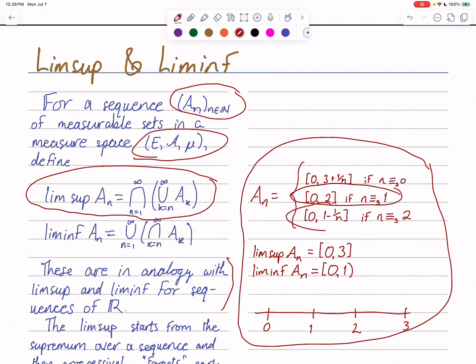Then we get a smaller interval, so we might as well not worry about it because we're taking the union, which gives us the largest set. So far our set is the interval from 0 to 2. Then we come around to here when k is equal to 6, and we get 3 1/6. And that is now the biggest set that we found so far. So we've got the interval from 0 to 3 1/6.